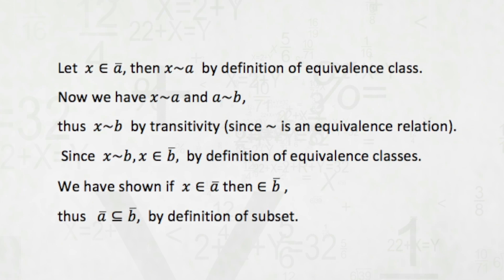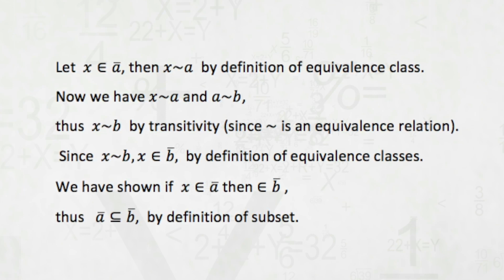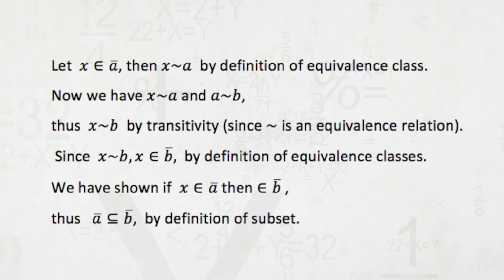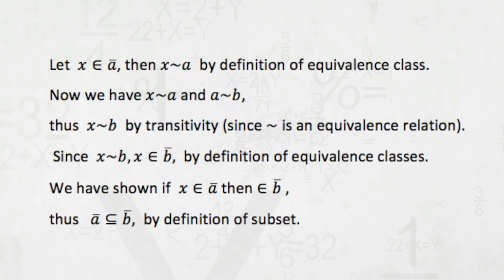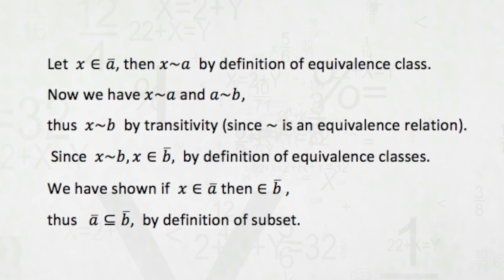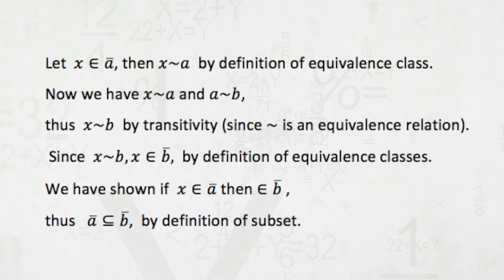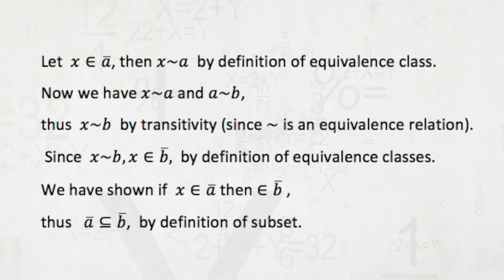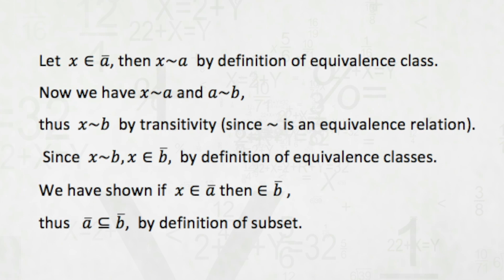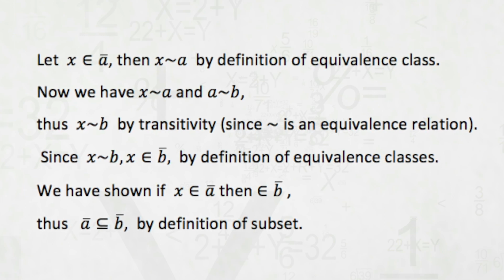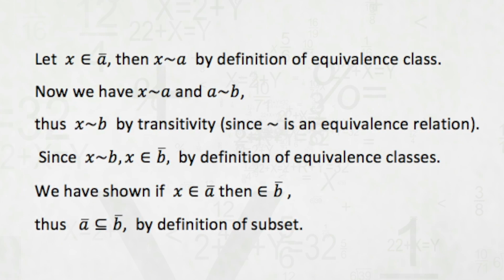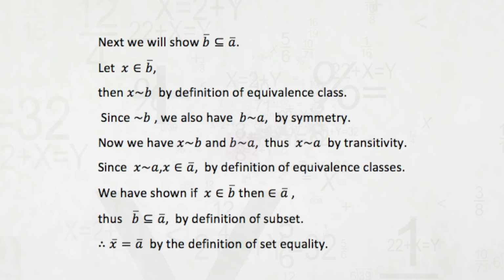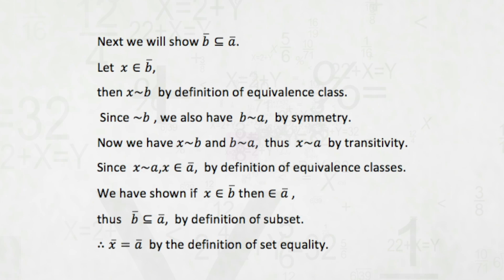Now we have x tilde a and a tilde b, and thus x tilde b by transitivity since tilde is an equivalence relation. Since x tilde b and x belongs to b bar by definition of equivalence classes, we have shown that if x belongs to a bar then x belongs to b bar, and thus a bar is a subset of b bar by definition of a subset.